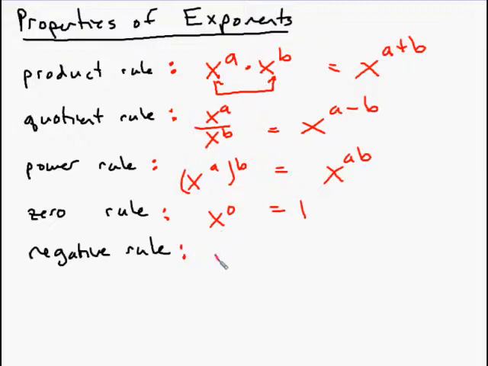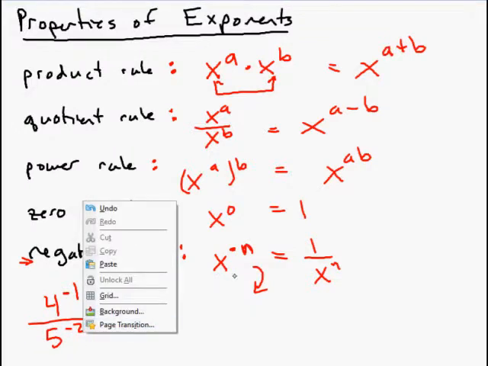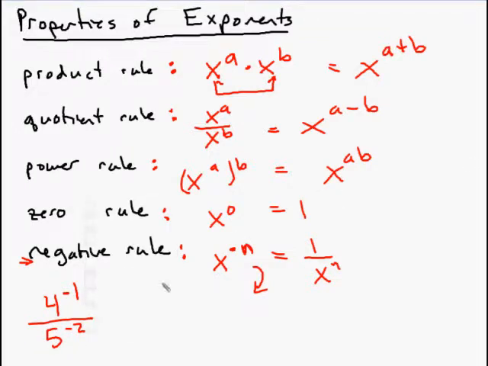And our negative rule, so if I had x to the negative n, or whatever our exponent is, I could move that down and have 1 over x to the n. So let's talk about this one a little bit more. What if I had 4 to the negative 1 over 5 to the negative 2? What would I do to actually evaluate that?